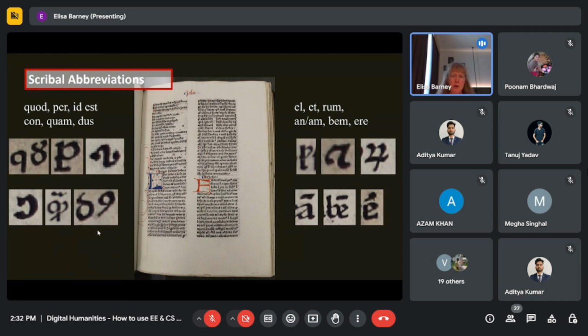Now here, they're no longer writing on animal skin, they're writing on paper. So they were able to leave the big white space. But the tradition of writing with the scribal abbreviations still existed in the late 1400s. So they're trying to make this modern book, printed with a semi-modern printing press, look like an old book, because that was what people wanted to buy and wanted to read at the time.